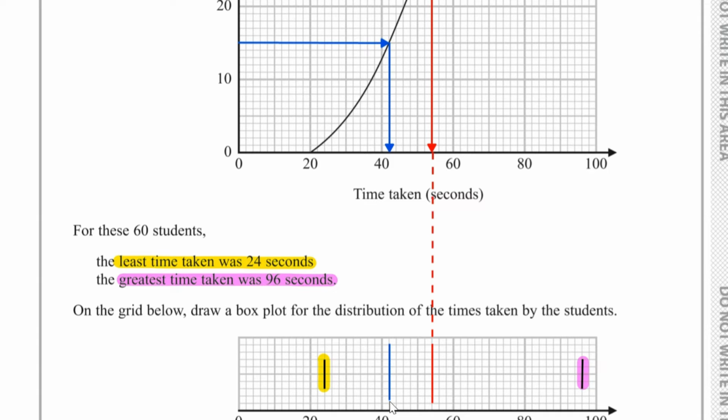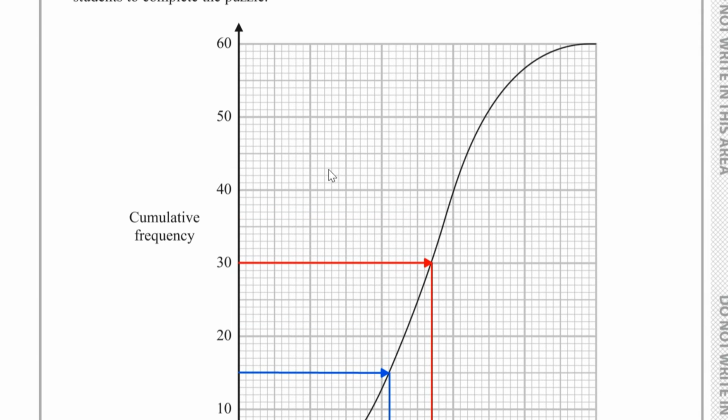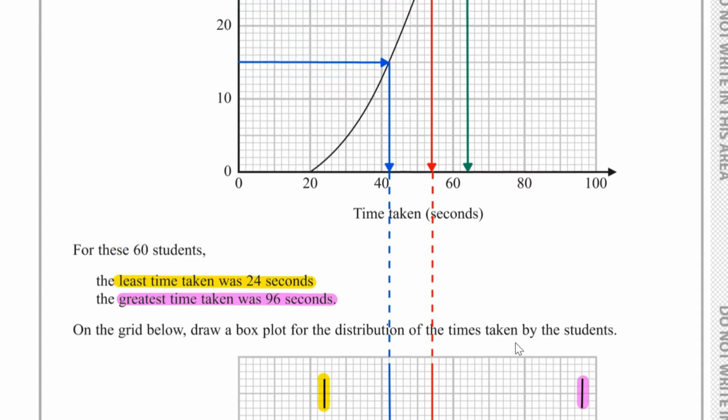So at 42 we draw a line like so, and then 3/4 of 60, that's 45, so we draw a line across to here, and then draw a line down to a value of 64.